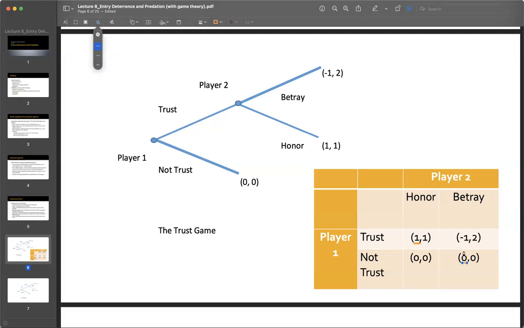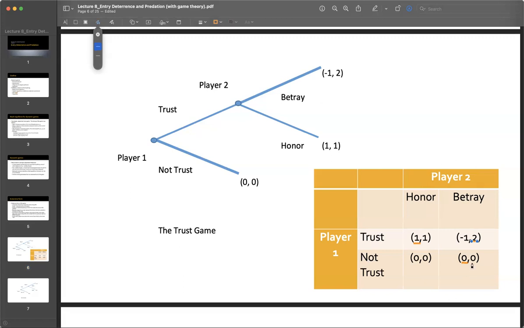Similarly, if player 1 plays trust, what is player 2's best move? It would be this one. And if player 1 plays not trust, what is player 2's best move?